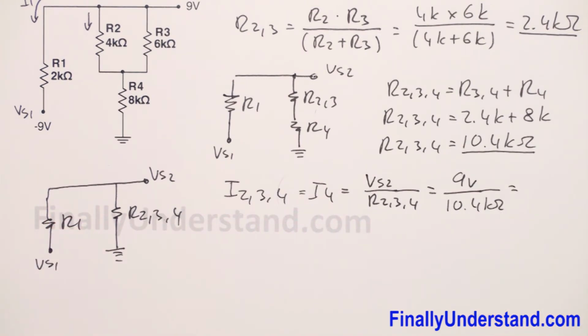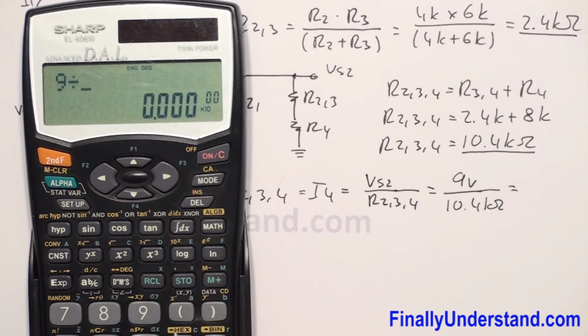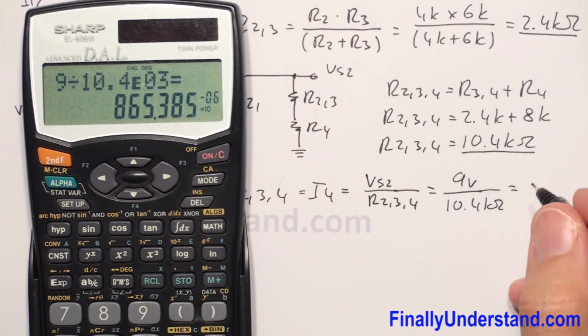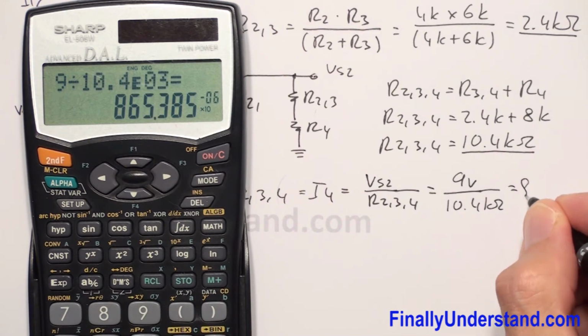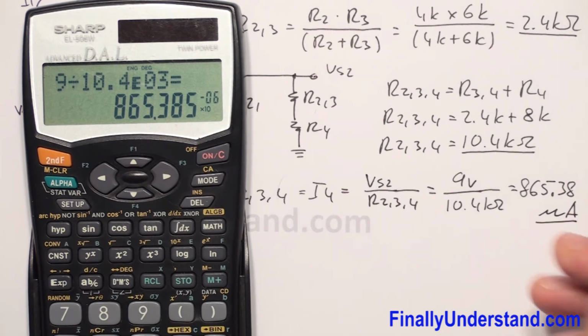And this is equal to 9 divided by 10.4 times 10 to the 3, which equals 865.38 microamps. So this is my I4.